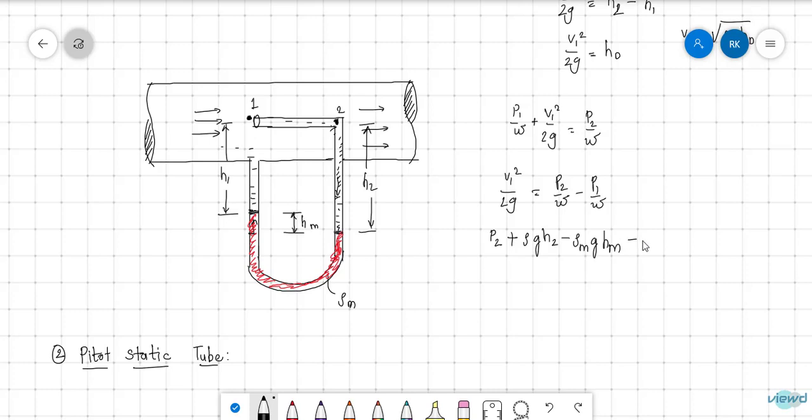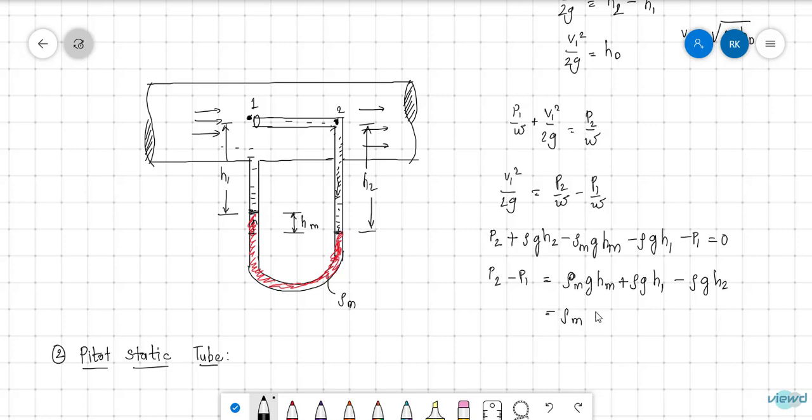So going up, minus rho G H1. So we have reached up to this point, and here the pressure is P1. So minus P1 is equal to 0. So P2 minus P1 is equal to rho m G Hm plus rho G H1 minus rho G H2.